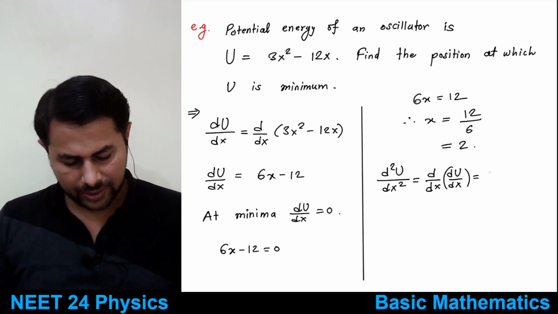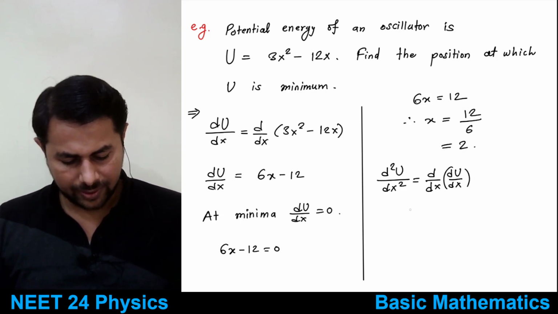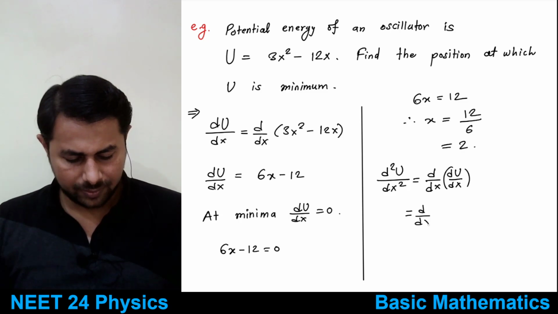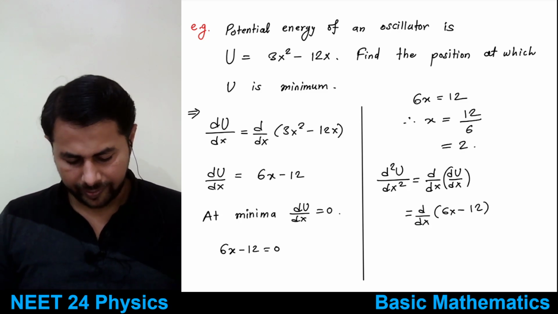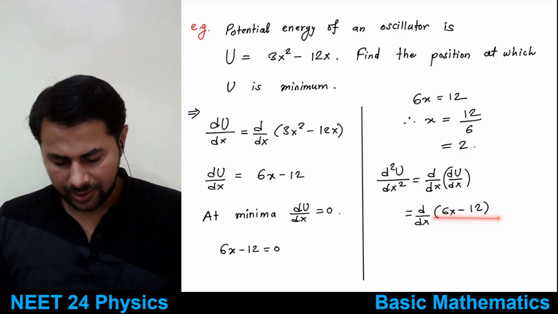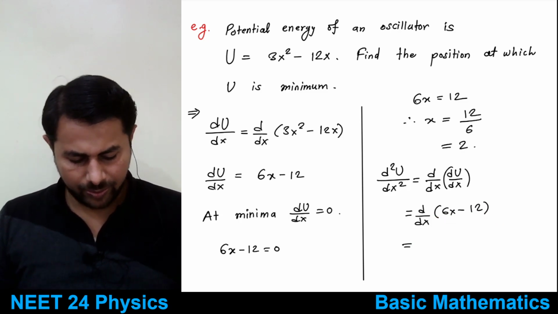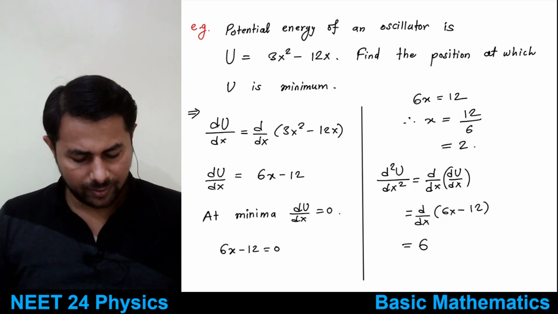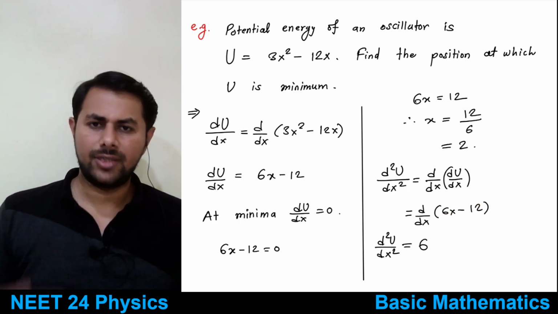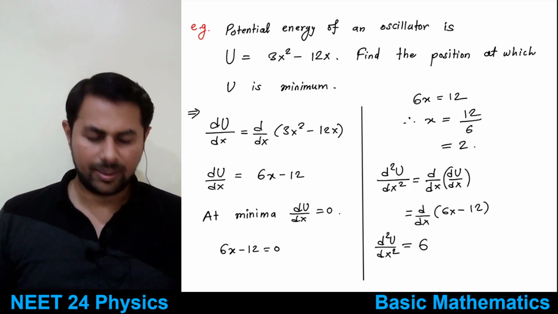So that is d by dx of 6x minus 12. The derivative of 12 is 0, the derivative of 6x is just 6. So the double derivative is 6, and therefore, yes, tell me, Pawana.